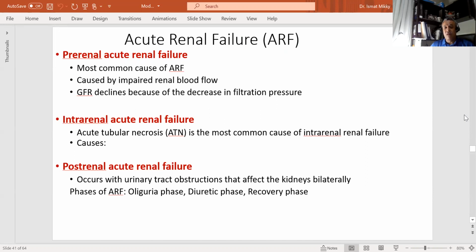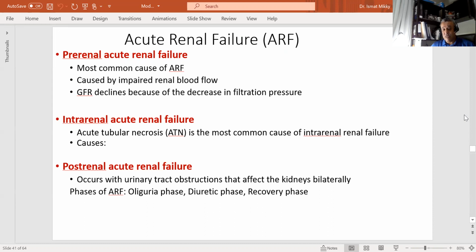renal failure. The intra-renal type is when there is a problem inside the kidney. Examples would be infections, medications, invading tumors like metastasis, obstruction of the renal blood flow, or AGN, acute glomerulonephritis.